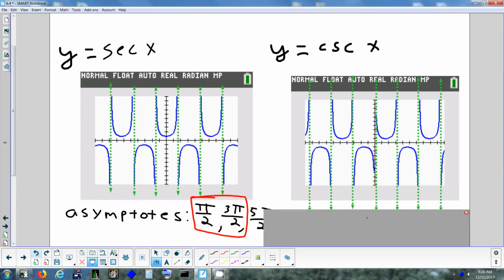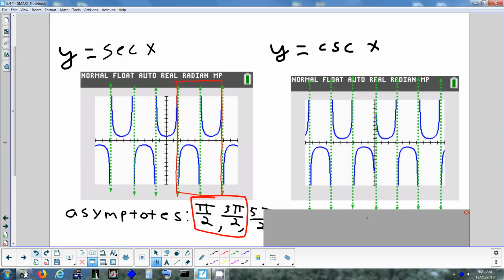actually, you know what? Let's do it like this. Let's start here. Okay, I'm trying to stay to the left of that asymptote, and I'm going to put a box around 1 period. And now here I'm also trying to stay just to the left of the asymptote.